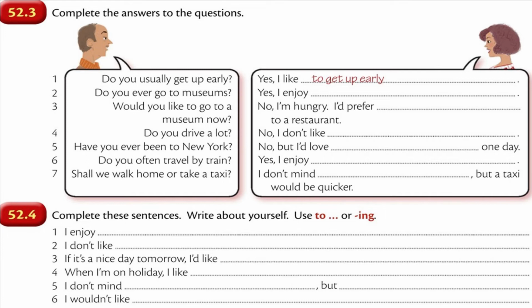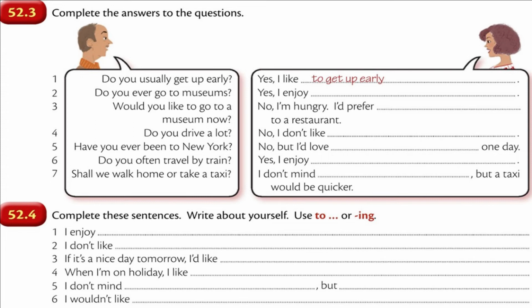52.3. Complete the answers to the questions. Number 1. Do you usually get up early? Yes, I like to get up early. Number 2. Do you ever go to museums? Yes, I enjoy going to museums.